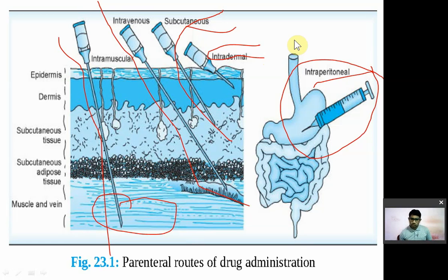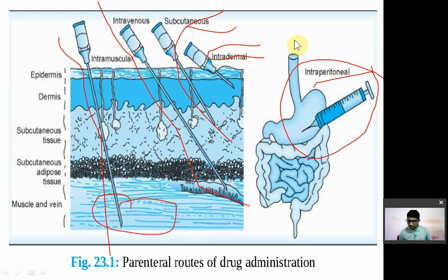So parenteral products means what? They are administered inside your body by various routes of injection, for example intradermal, subcutaneous, intravenous, intramuscular, transdermal, intraperitoneal, intracardiac, intra-arterial, intra-articular injection, and intrathecal injection.